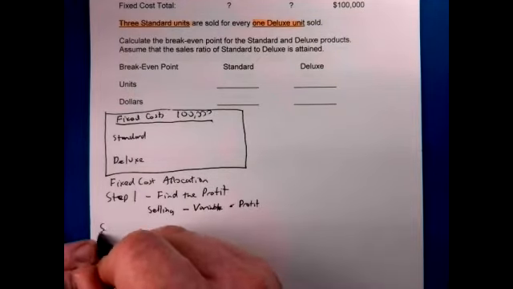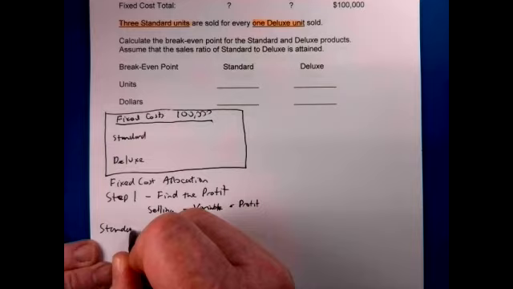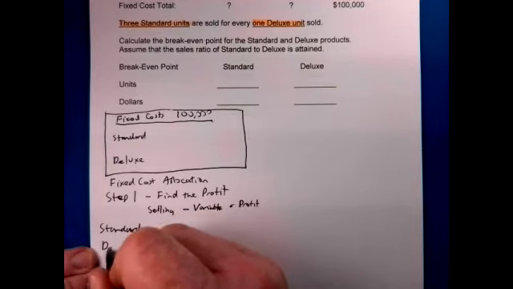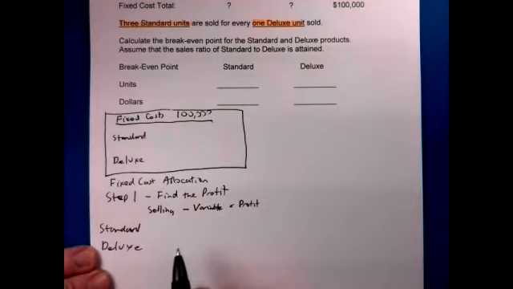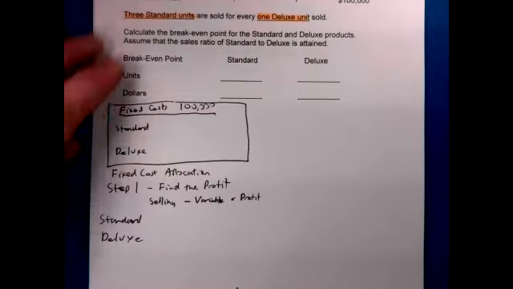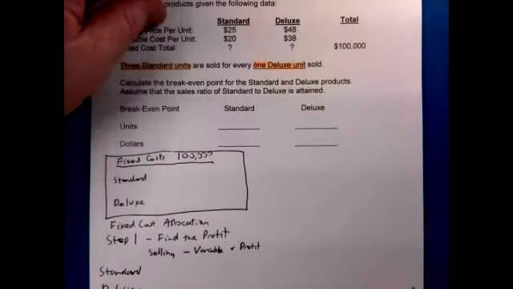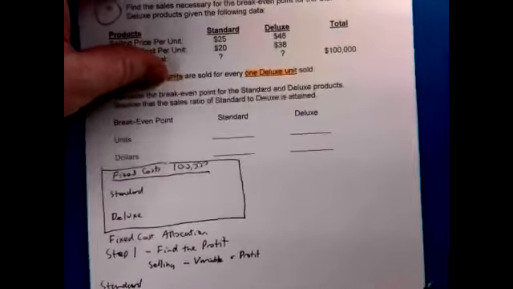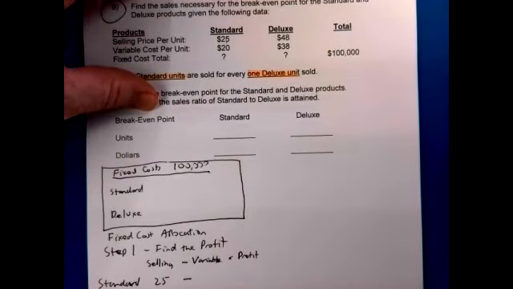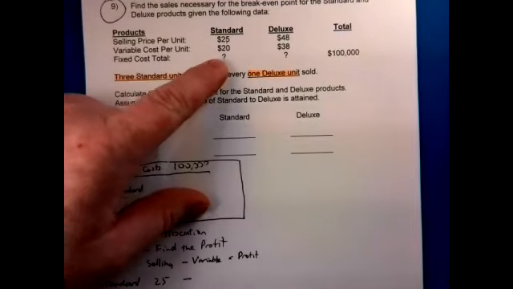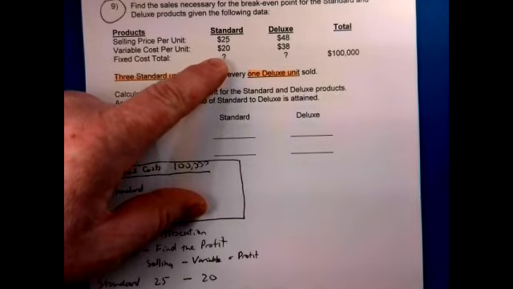So we have standard and deluxe. Let's take the standard one. They're selling it at $25 each, minus the variable cost per unit. So you get a profit of $5.